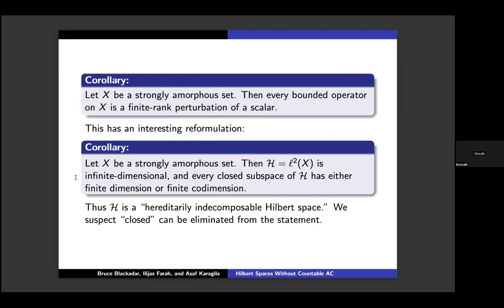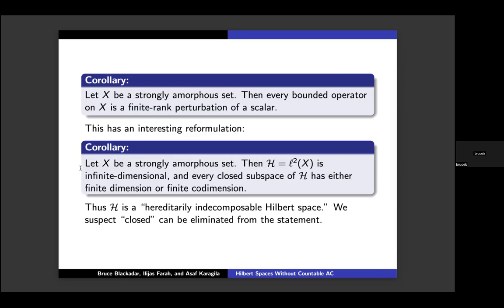If X is a strongly amorphous set and you take H to be L2 of X, then it's an infinite dimensional Hilbert space, and every closed subspace of H has either finite dimension or finite codimension. This is because if you just look at the projection P onto the subspace, then P has to be a finite rank perturbation of a scalar, which means that either P or 1 minus P has finite rank.